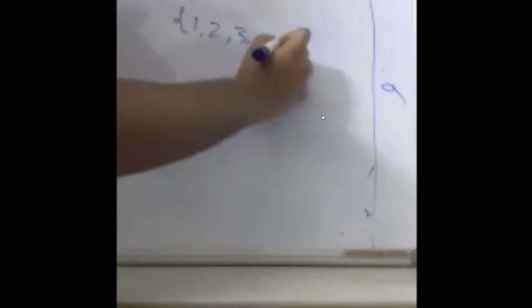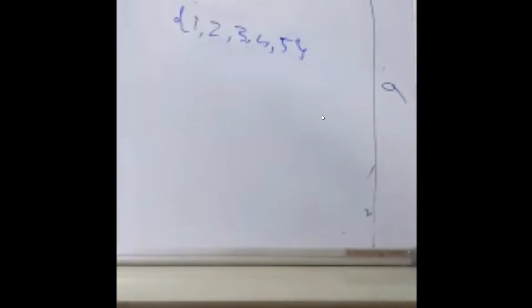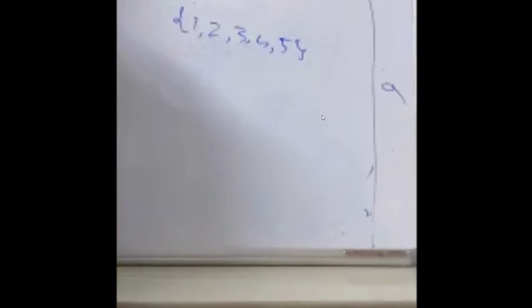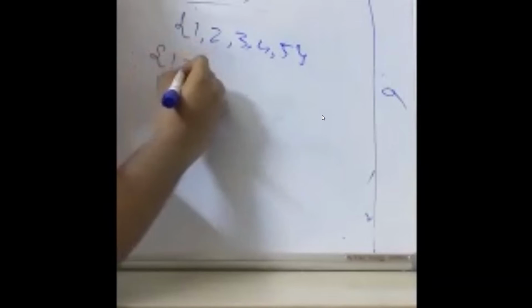Okay. So moving on to combination. Suppose we have the same set 1, 2, 3, 4, 5. A combination is basically any subset you take from this. So suppose 1, 2, 3 is a subset.